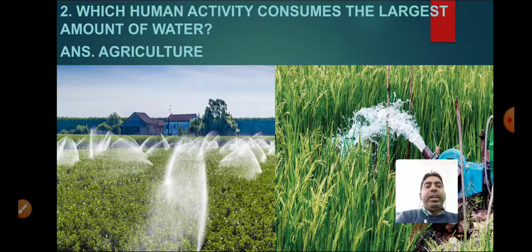Most of the people here do farming, and during the agriculture process irrigation occurs, and during irrigation plants need water to grow. They need water to prepare their own food. So in irrigation a lot of water is consumed. So the answer to the second question is agriculture, irrigation.